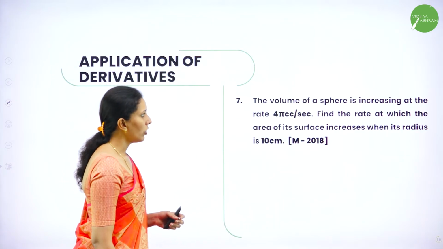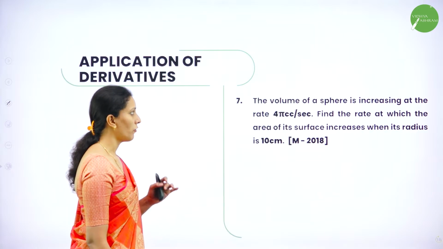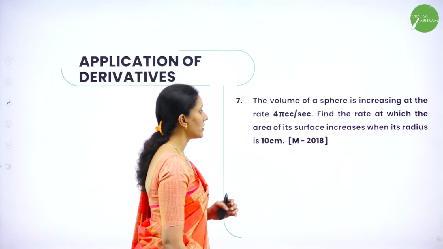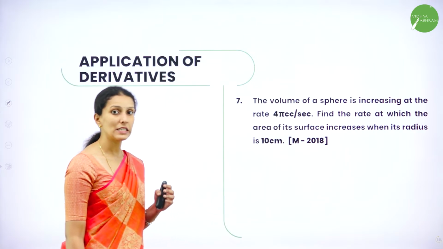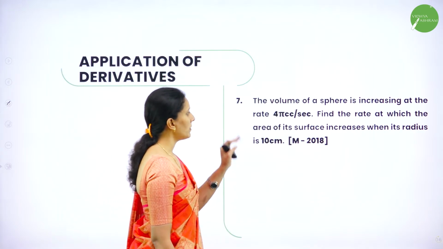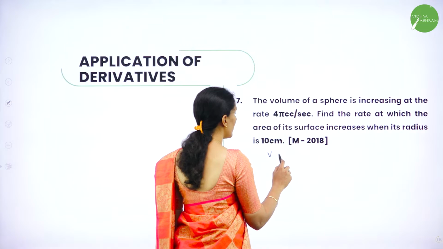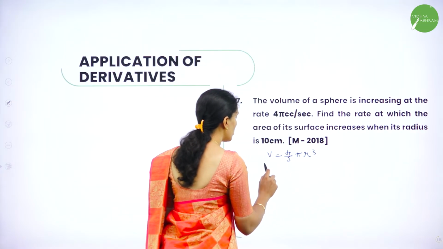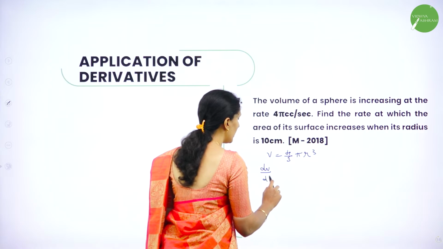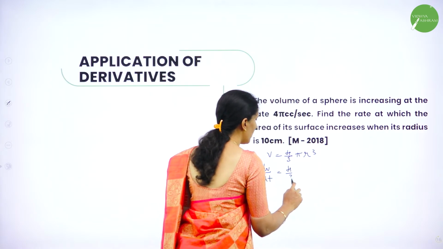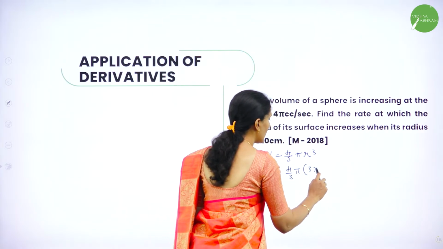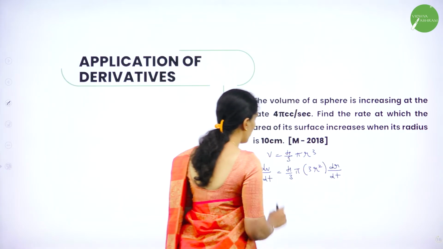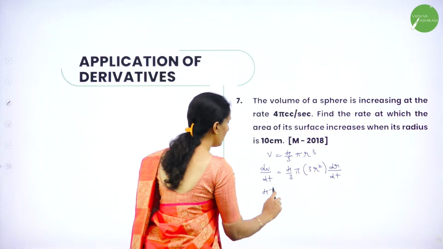Next one, the volume of a sphere is increasing at the rate of 4 pi cc per second. Find the rate at which the area of its surface increases when the radius is 10 centimeter. So the volume is V equal to 4 by 3 pi r cube. Change in volume is dV by dt, and the derivative of 4 by 3 pi r cube is 3r square with respect to change in radius. Now dV by dt is given, that is 4 pi.